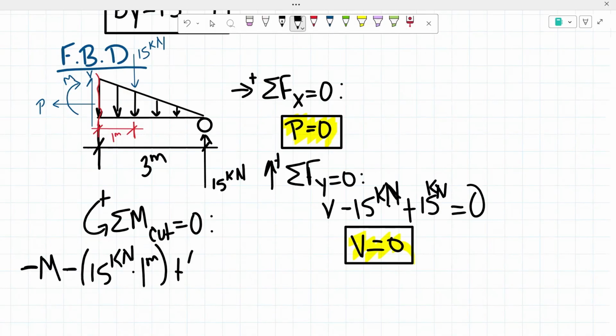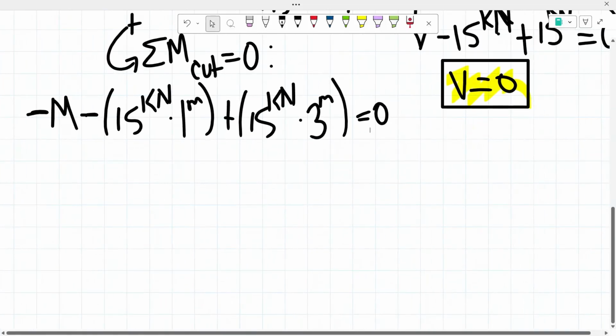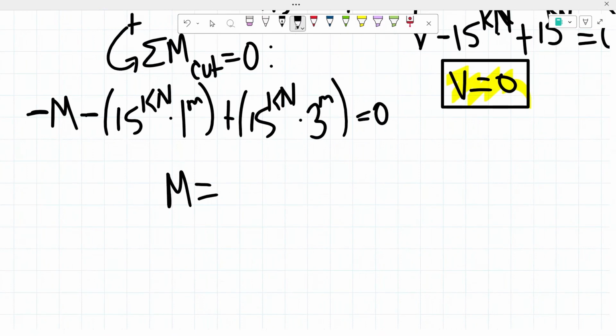So a positive moment of 15 kilonewtons times the distance of 3 meters. We know that all of that has to equal 0. So from here, we would simply be solving for our moment. When we solve for our moment, we end up getting a value of 30 kilonewton meters.